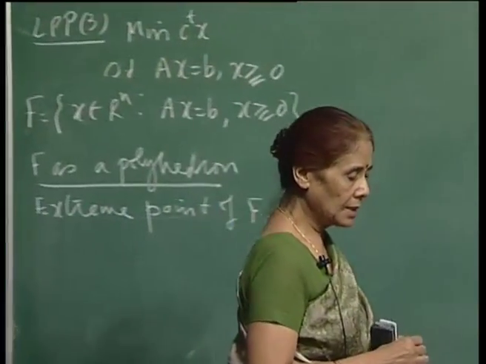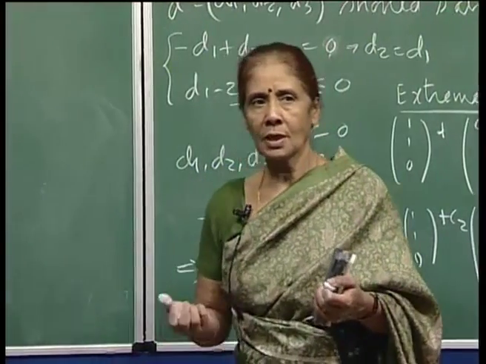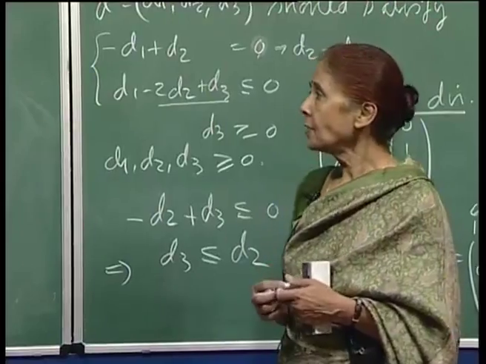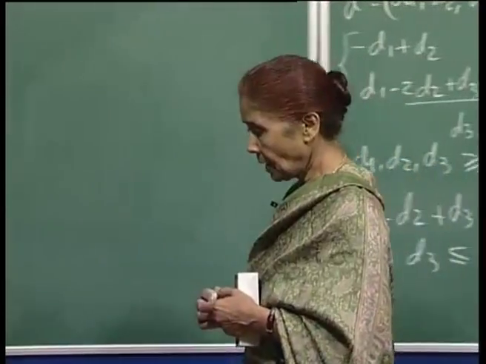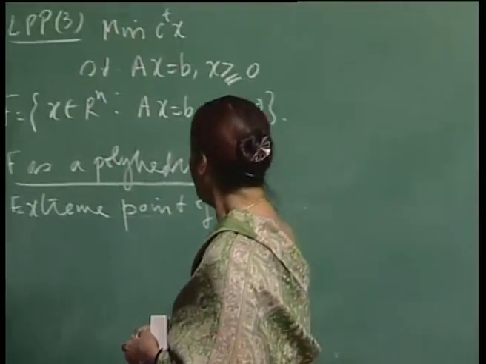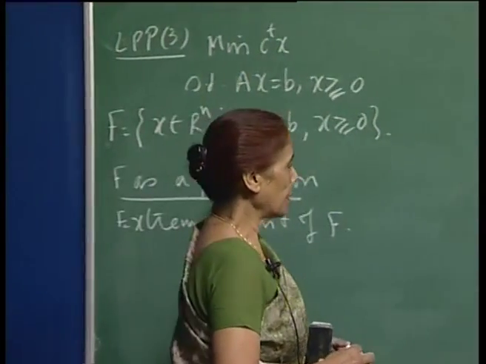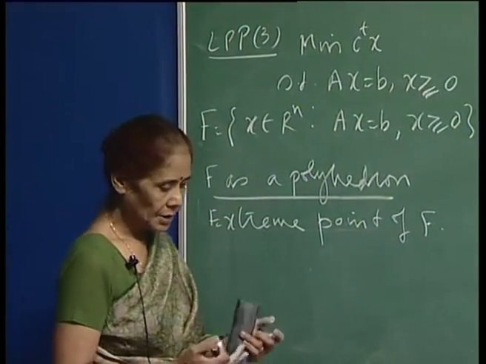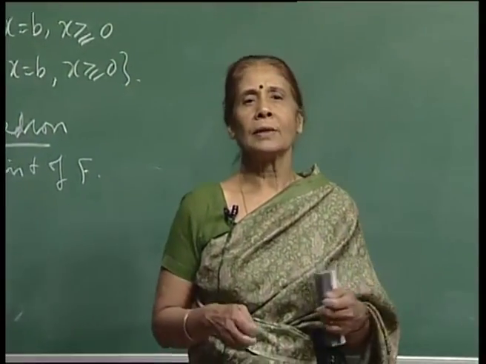So, what I am trying to say is that on one hand we talked of basic feasible solutions that form part of the feasible solutions, which are all collected in F, and then I have also looked upon F as a polyhedron, and then we have the notion of an extreme point of F. So, now in the result that we are going to prove shortly, I want to show you that these two notions, even though they have been defined separately, are actually one and the same.